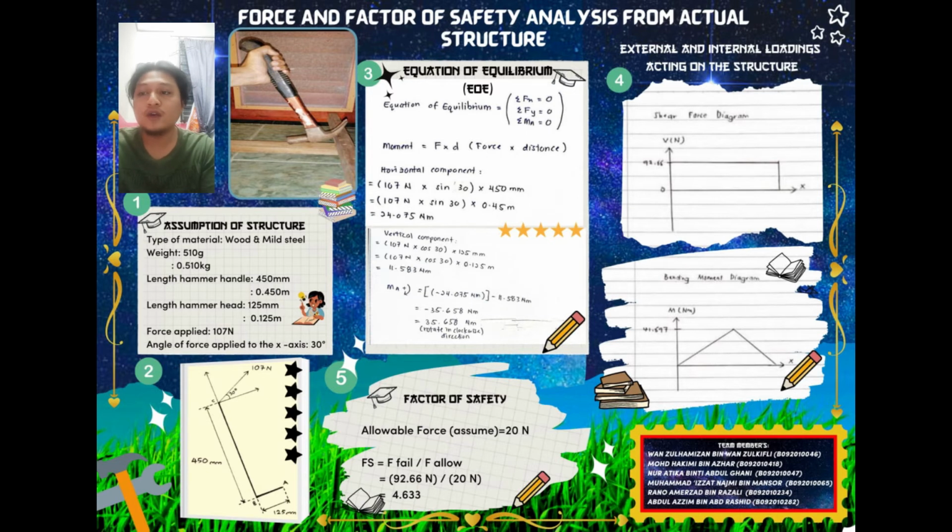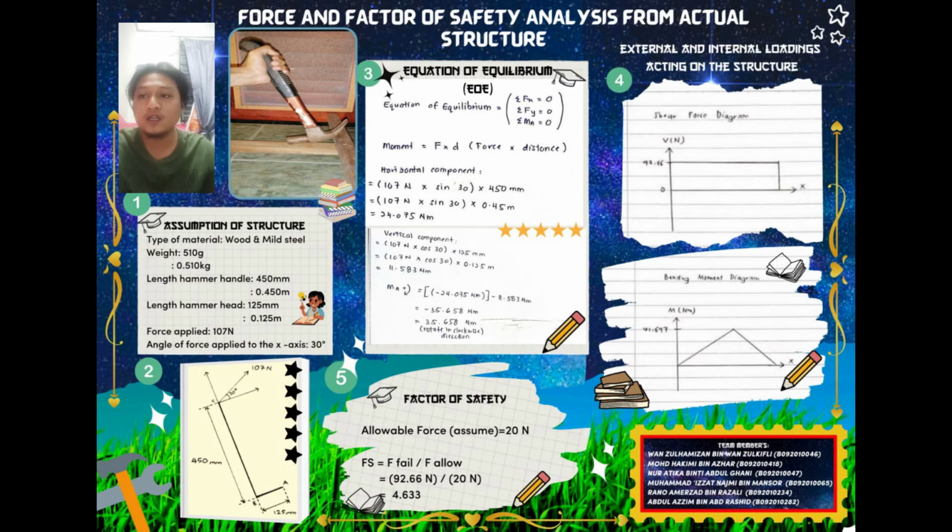Next we get V1. We cut it to the left. So V1 is down and the moment is up. Summation Fy equals 0 is 92.66 Newton minus V1 equals 0. Then V1 is 92.66 Newton. And we get the moment. Summation of moment at D is 92.66 times 0.225 minus 333.576 times 0.125 plus M1 equals 0.